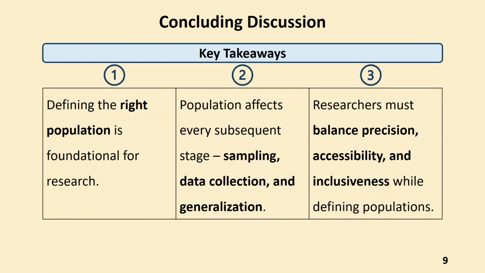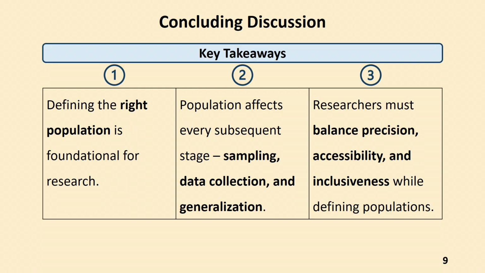Concluding discussion for today's lecture. There are some major takeaways for today's lecture that you can see. Defining the right population is foundational for research. Whenever you are moving forward in your research, the stage where you define your population requires your competencies, your literature review, your understanding of the topic, and most importantly, the demand of the topic, what your topic is demanding, and in what sense you are going to move forward.